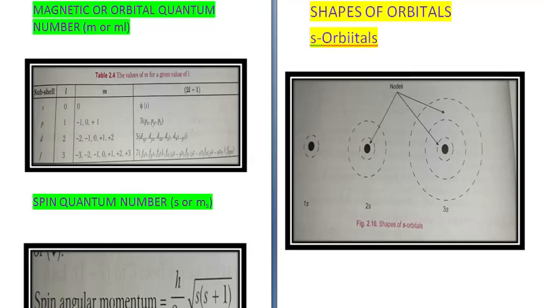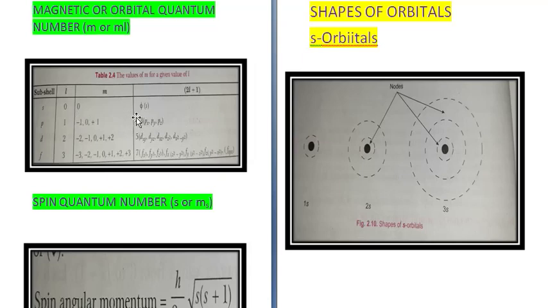The number of values of m is given by 2l plus 1. See here, for the s subshell, l will be 0, and m will become 0, because 2 into 0 plus 1 is 1, so there will be only one value.